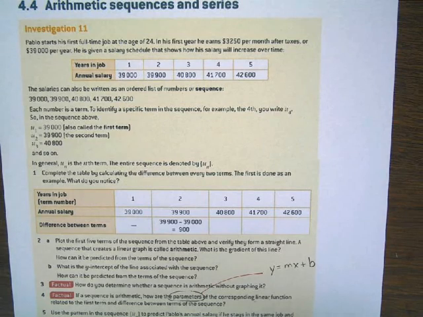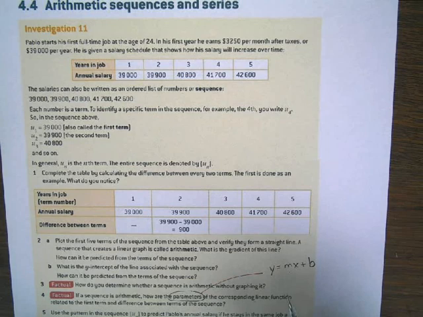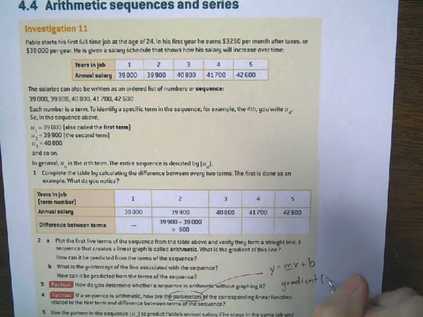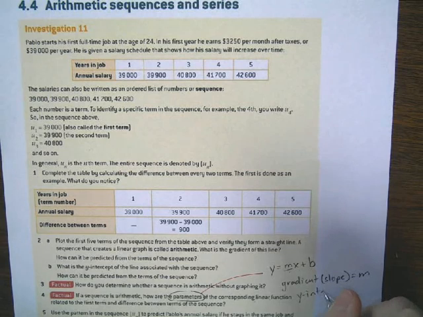What are the parameters? The parameters are the things that define a particular function. So my parameters would be m, which is my gradient or slope, and the other parameter is the b, the y-intercept.